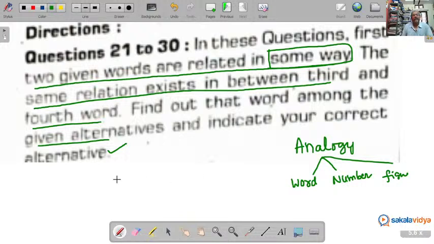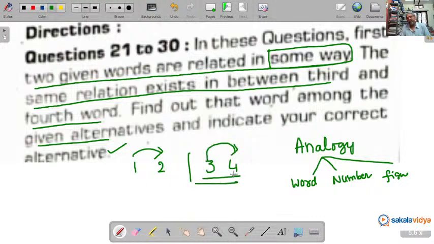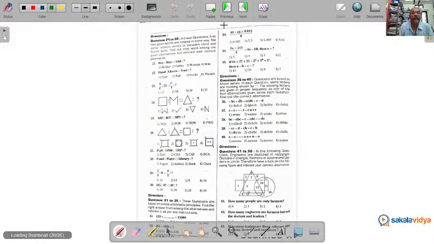That means the first word, second word, third word, fourth word. The first two words are related with some pattern, some logic. Similarly, how could we say that the third one is related to the fourth? The same relation has to be applied for the third and fourth. Then the missing word or missing number or missing figure we need to find out. So let us go for the questions now.